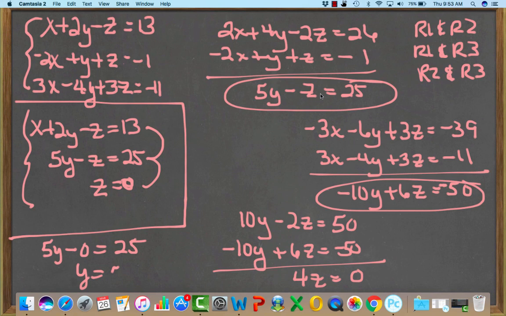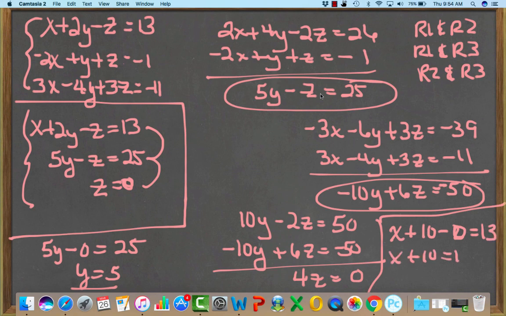And then we'll come over here and see if we can't squeeze in and solve for x. So x plus 2y, y is 5, so that would be 10, minus z, which is 0, would equal 13. But then that would be x plus 10 equals 13, and that means x has to equal 3.